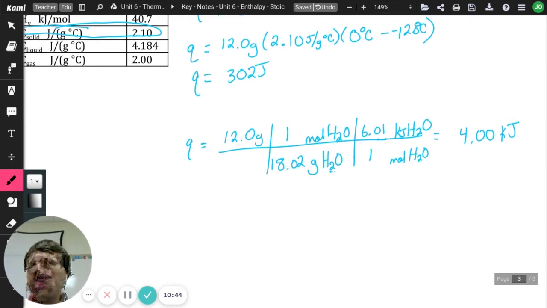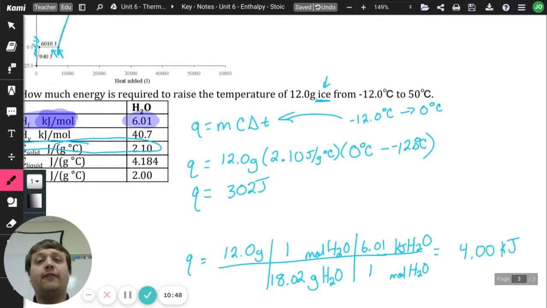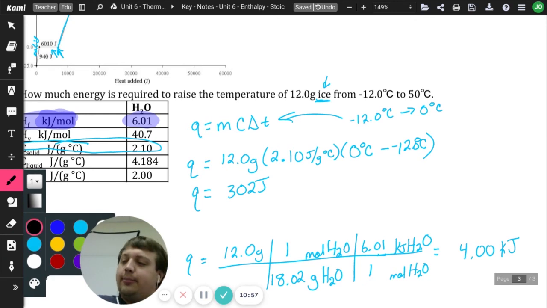All right, but I'm still not there, right? I still haven't reached that 50 degrees Celsius. I started off in the solid state, and I got it all the way up to where we started our phase change. That was step 1.